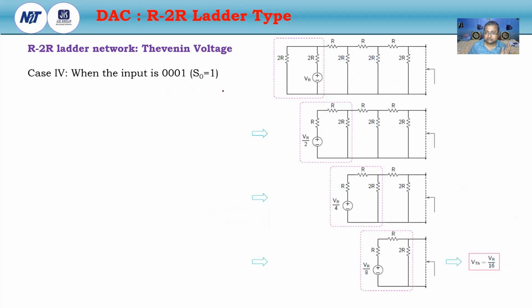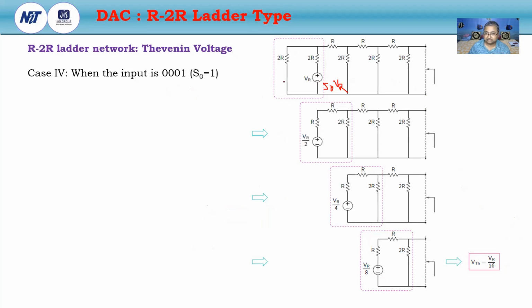Similarly for 0001, that means this will be connected here. This is S0 VR. S1 VR is 0, S2 VR is 0, S3 VR is 0. Due to S3 0, S2 0, S1 0 and S0 is 1.